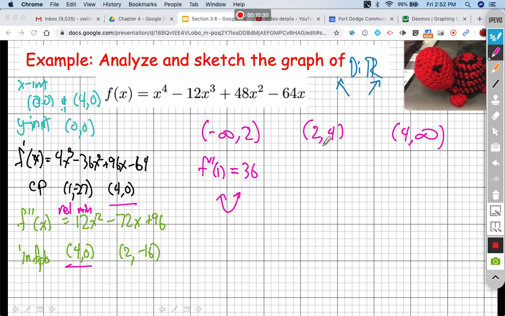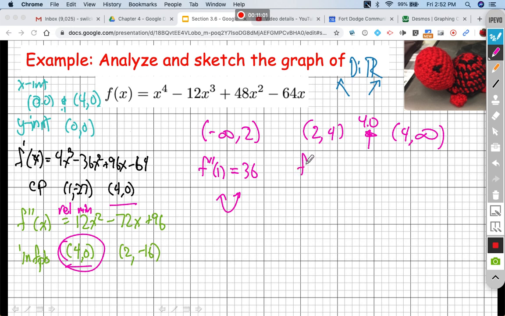I look over here from 2. If I check my other critical point, my other critical point is right here. So my second critical point at 4, 0 is also a place where I know the second derivative is 0, so I can't use my second derivative test on that one.